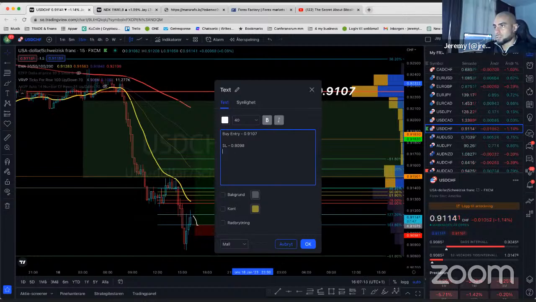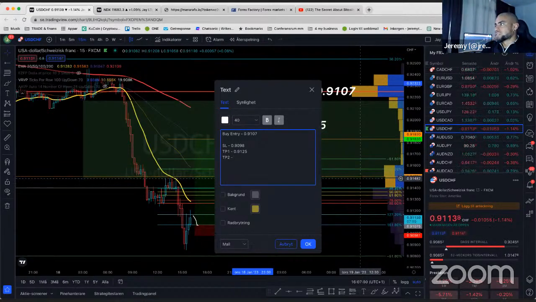TP1, I would put it at 0.9125. Take profit 2, I will put that here, exactly where the liquidity zone starts.